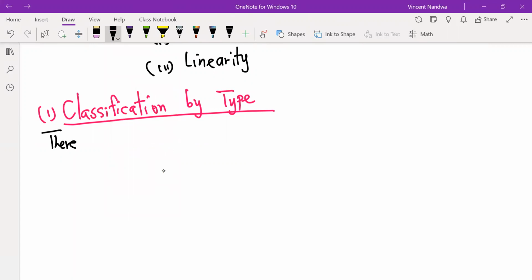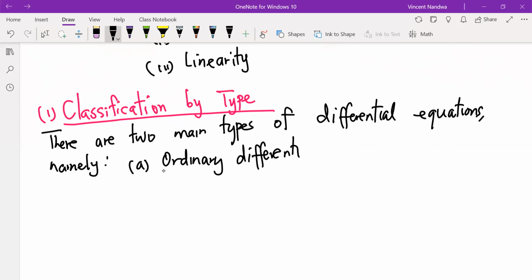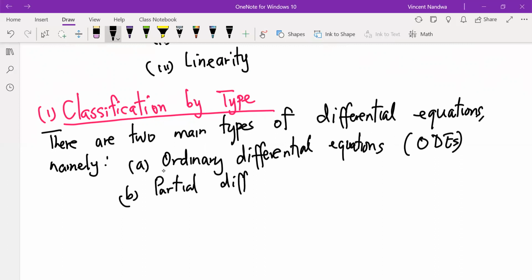So there are two types of differential equations, namely, ordinary differential equations, what we call ODEs, and then partial differential equations, so called the PDEs.